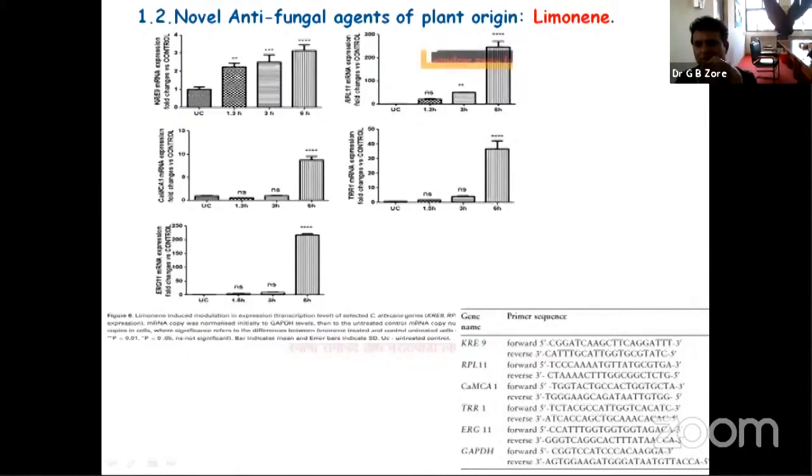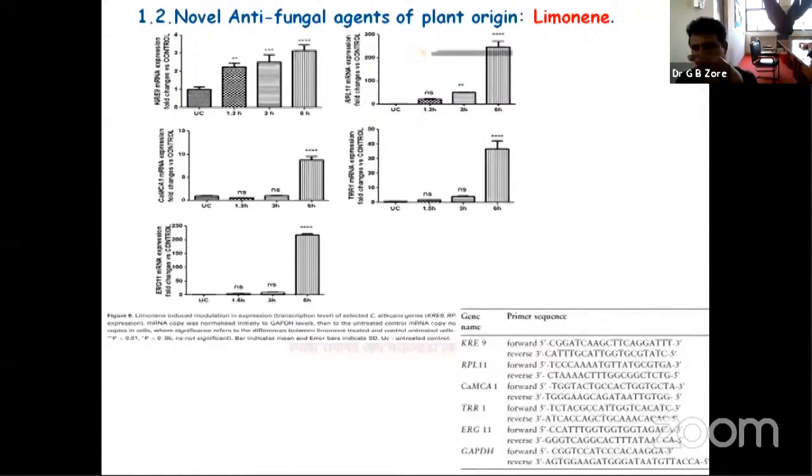So this is how we evaluated the mechanism of action of limonene. Limonene is a component of the essential oil that we had already tested against Candida albicans. Initially we tested the essential oils and then looked at the different components for antifungal activity.